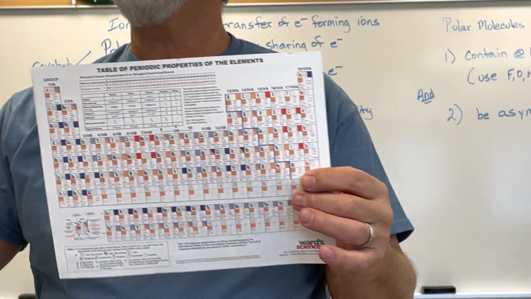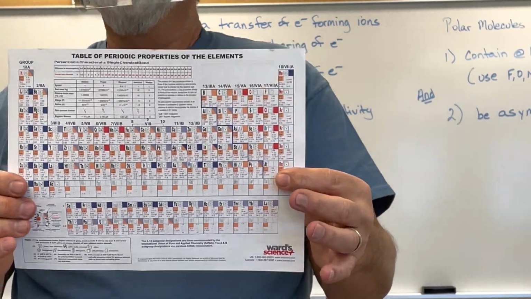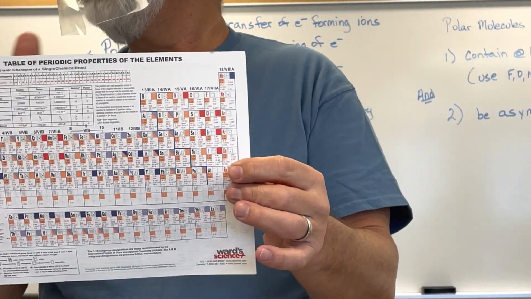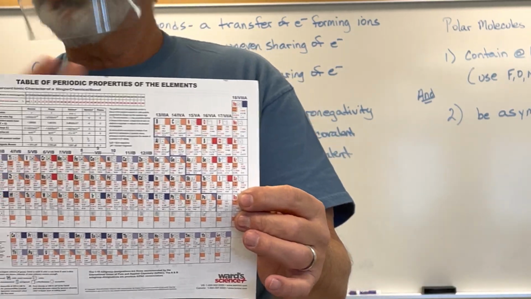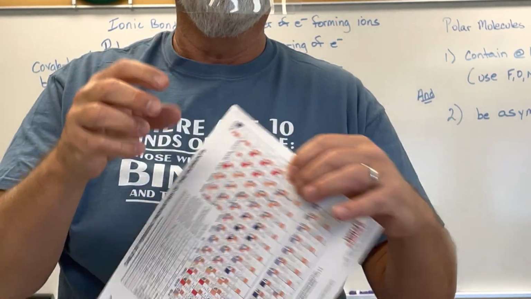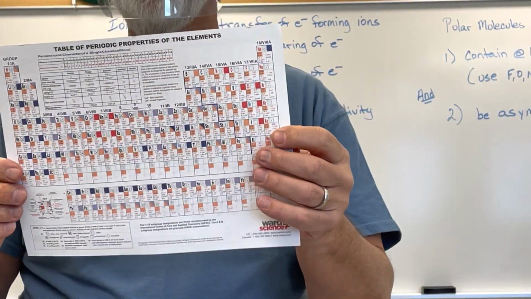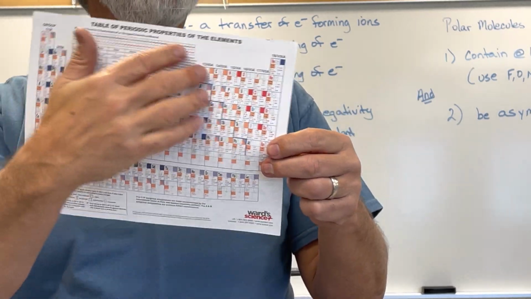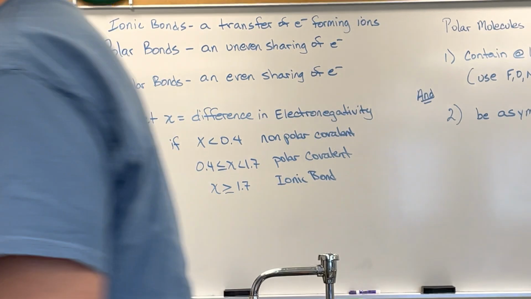Now it's more ionic than it is covalent, so we call it an ionic bond. Now the reality is it's still an uneven sharing, but it's so uneven that it's more of a transfer than a sharing. It's not until you put these ionic compounds into water that the ions actually completely separate from one another. So it's a sliding scale as far as how the electrons are shared between the two atoms.